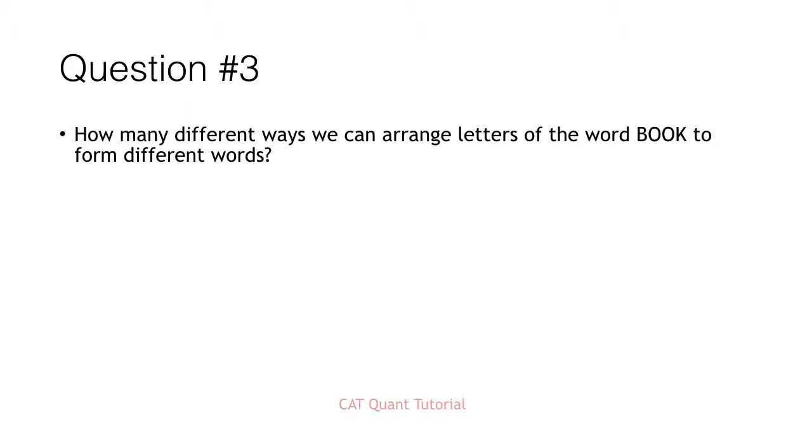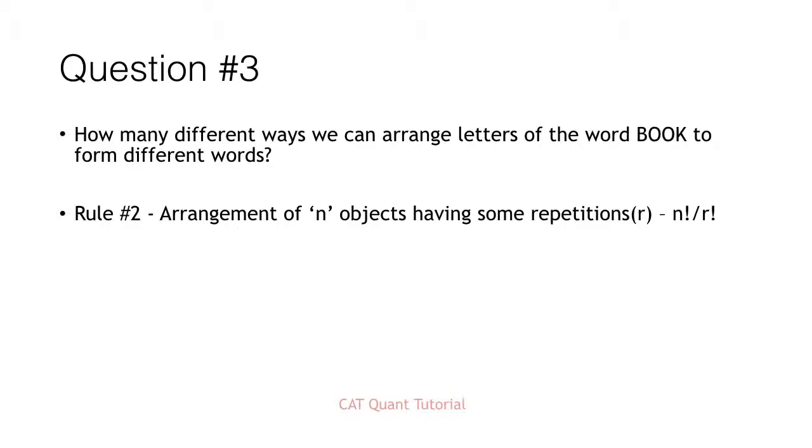So basically, it's a case of repetitions. O would be repeated within that particular solution. Rule number 2 says that we will need to arrange n objects having some repetitions. So n objects over here are 4.